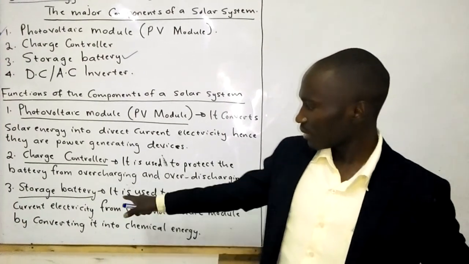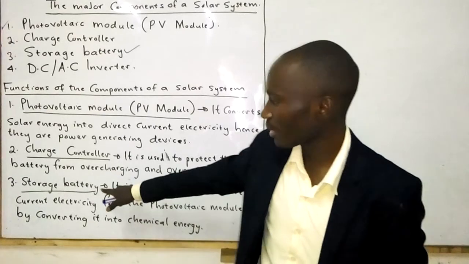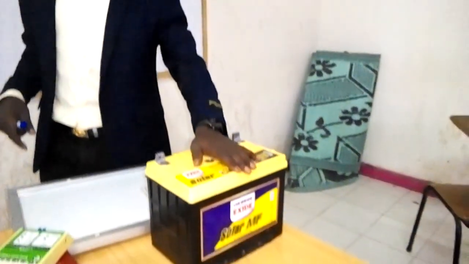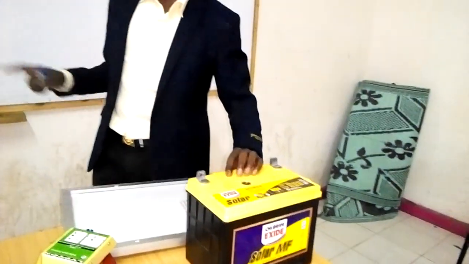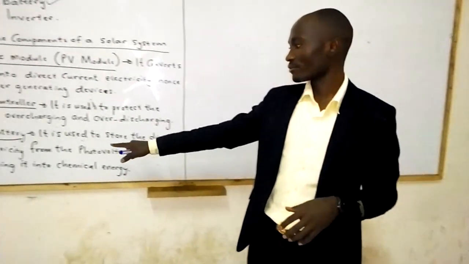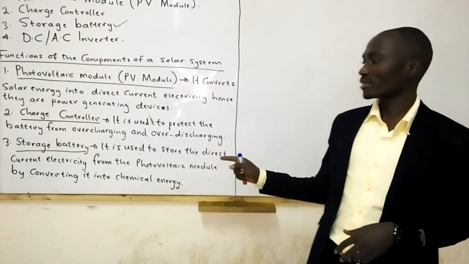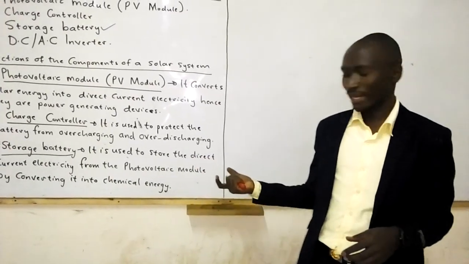The other component is the solar battery. A solar battery is used to store the direct current from the photovoltaic module by converting it into chemical energy.